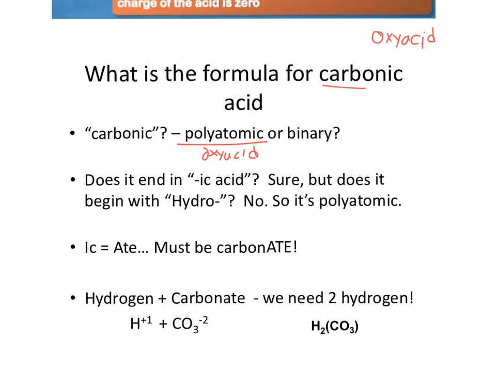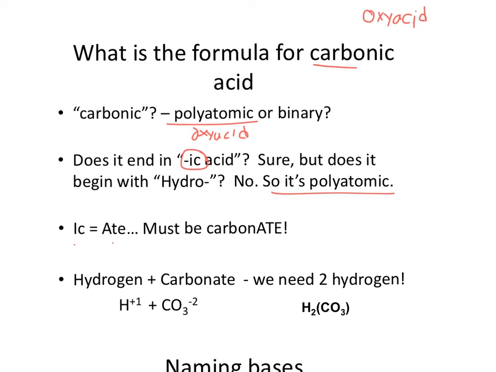We know that it ends in -ic versus -ous, and it doesn't start with hydro, so it's definitely polyatomic. Because we know that -ic is equal to -ate, we know that it's carbonate. So we know carbonate, the formula, if you check your polyatomic ion list, is CO3 with a 2- charge.